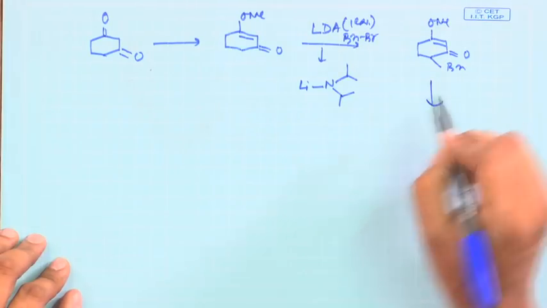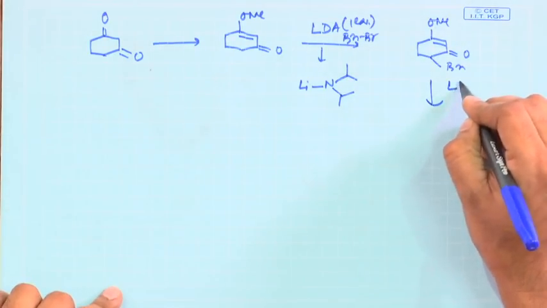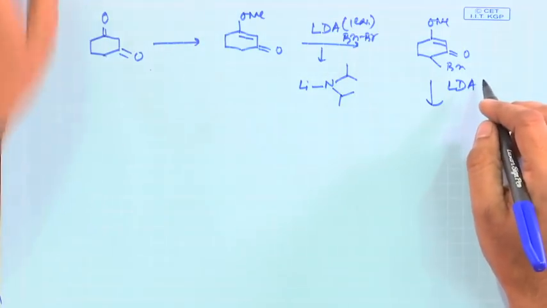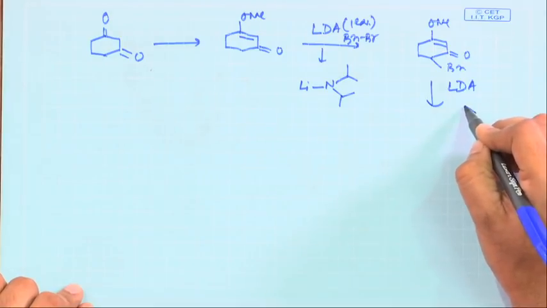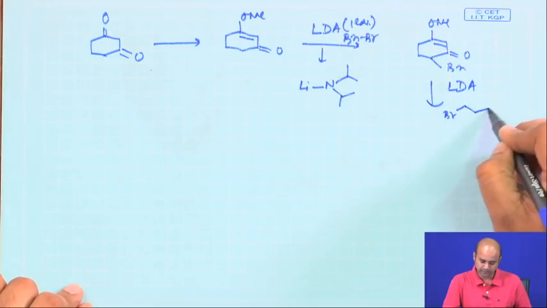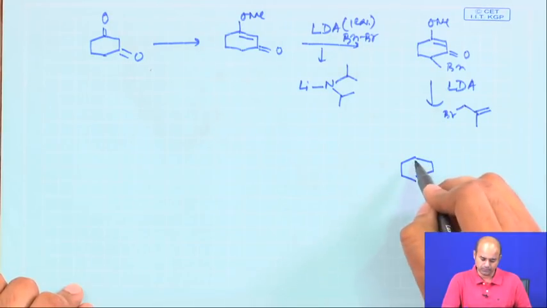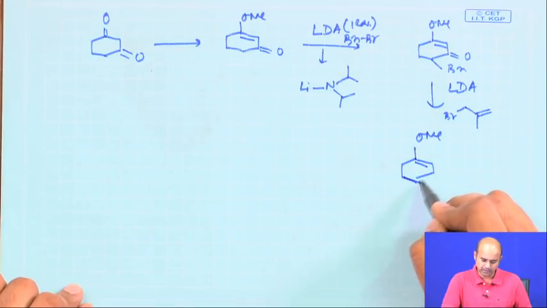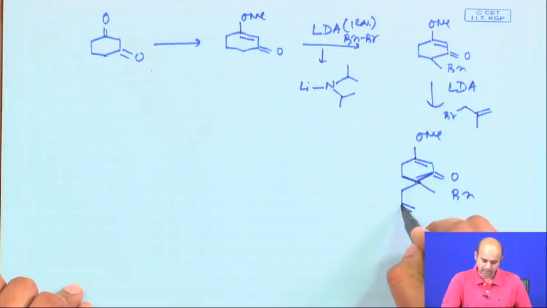We need to put another electrophile in the form of this methyl group. So, you do another round of alkylation with LDA, and then you put in another electrophile whose structure will be this, and you do the successive rounds of alkylation. You basically have a ketone, and then one is benzyl and one is methallyl.